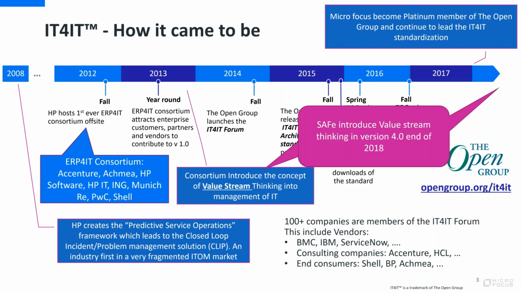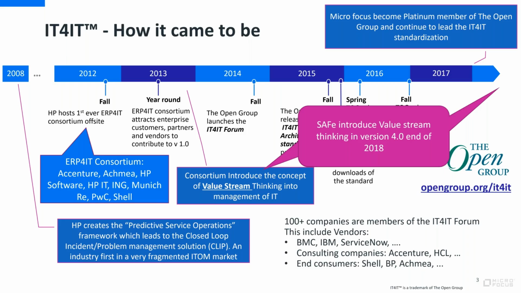We want to point out that when we talk about agility and agile development, SAFe is one of the leading frameworks for doing that. So how are IT4IT and SAFe relating? Well, it actually is relating in many ways. SAFe introduces a number of methods you need to implement. IT4IT defines the architecture you need to put underneath SAFe if you want to implement SAFe, but it can be used for other frameworks as well.